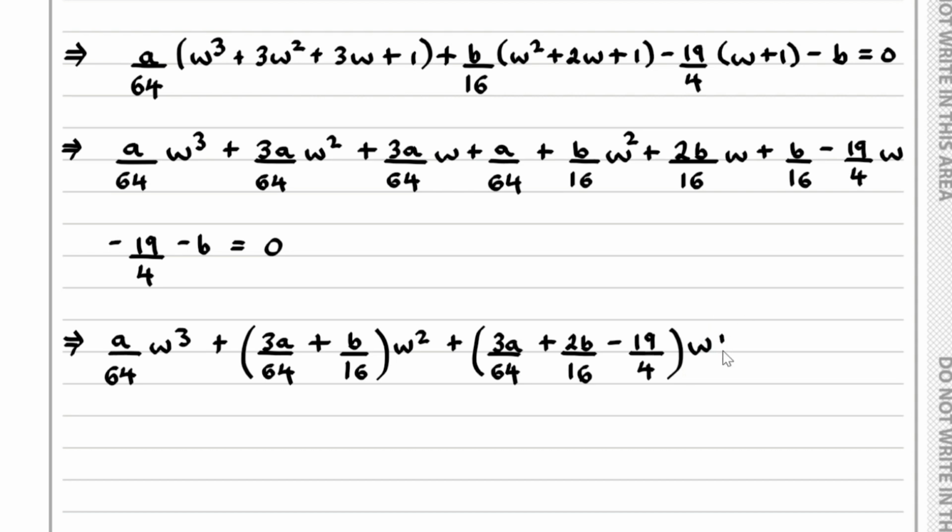And in terms of the constants, we have A over 64, and then we have B over 16, and then we have minus 19 over 4, and then we have minus B. And all of this is equal to 0.